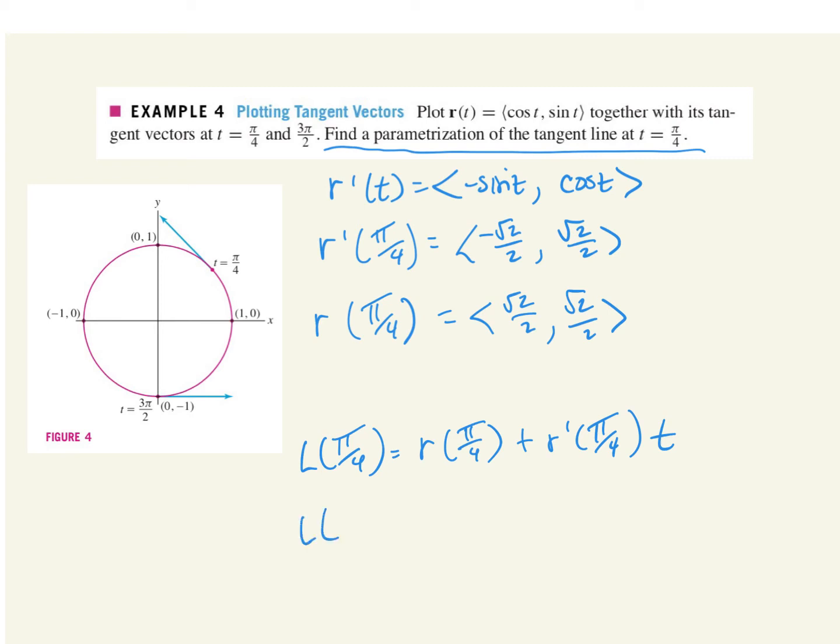So that's equal to root 2 over 2, comma, root 2 over 2 plus negative root 2 over 2, comma, root 2 over 2 t. Same idea: here's the one value, and then here's a little bit more with our tangent line, depending on what the t value ends up being.